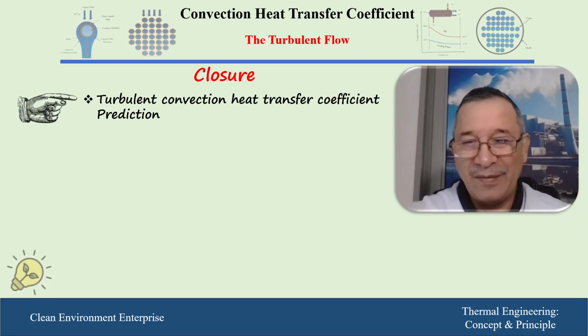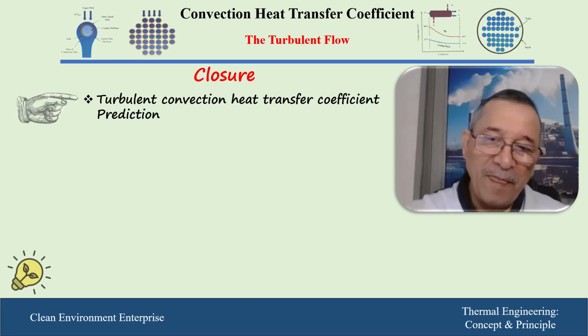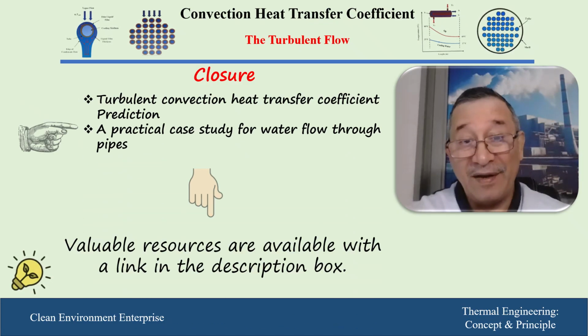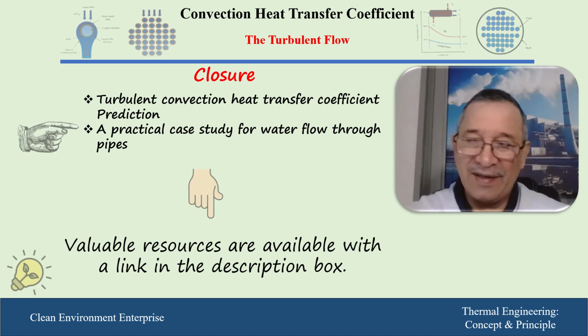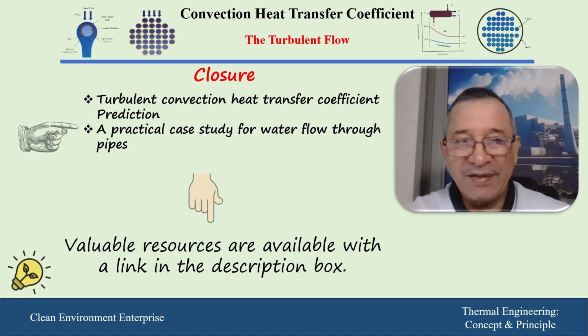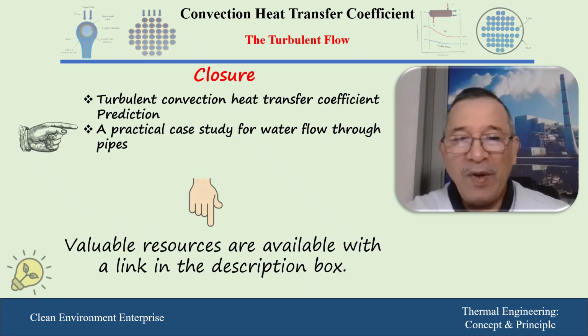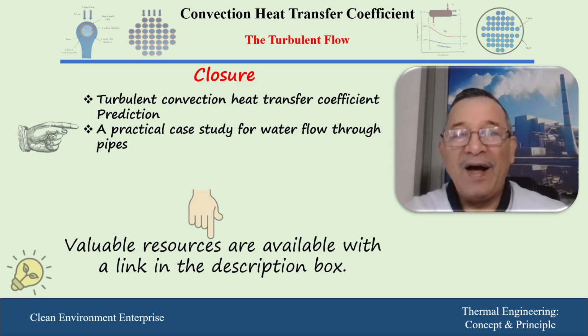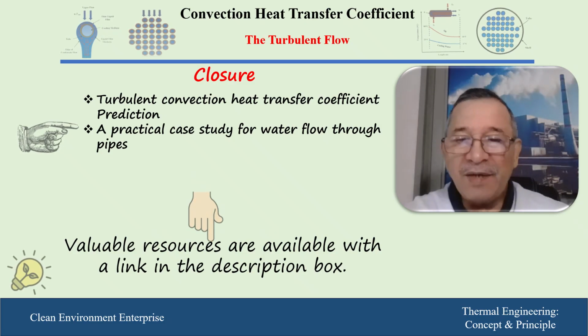And we presented some of these correlations, and one of them was mine, and we used it in a practical case study in condensation and surface condensers in power plants. And we have made a comparison between these correlations, and we have some valuable references and resources.